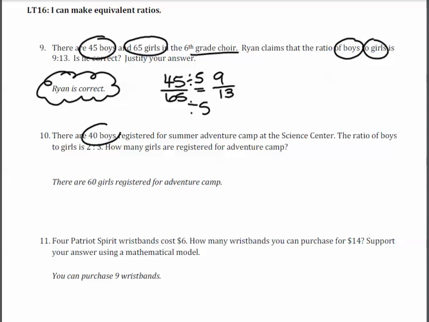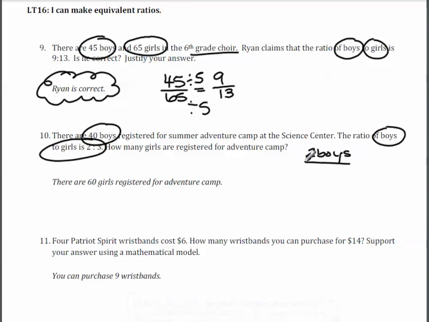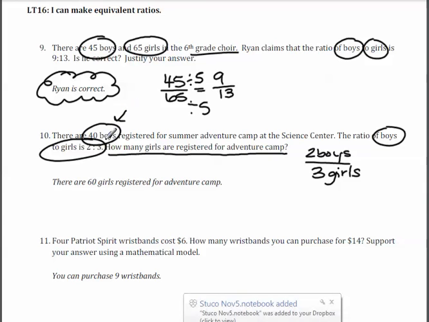There are 40 boys registered for summer adventure camp at the Science Center. The ratio of boys to girls is 2 to 3. So for every 2 boys, there are 3 girls. How many girls are registered for the camp if we know that there are 40 boys registered?